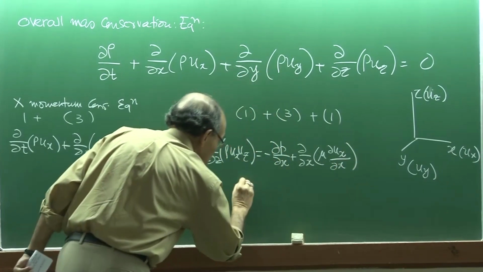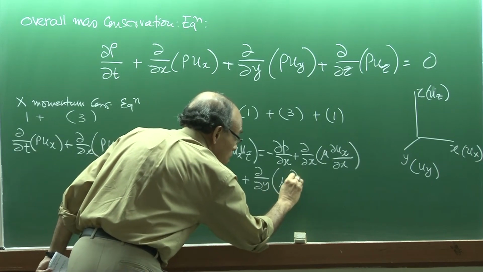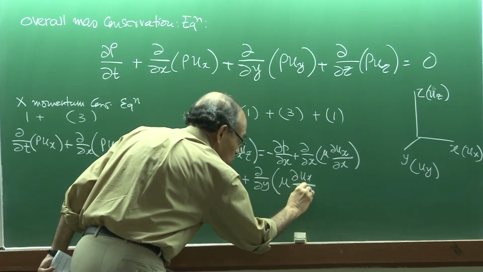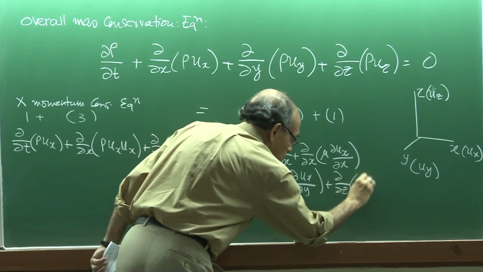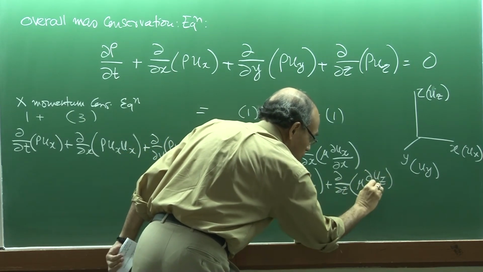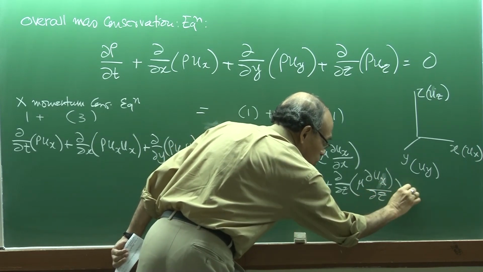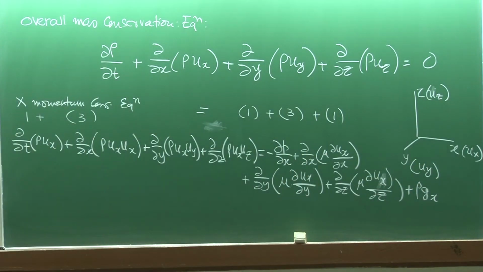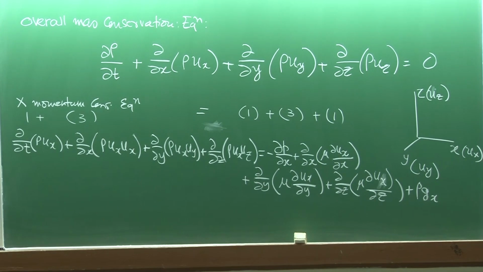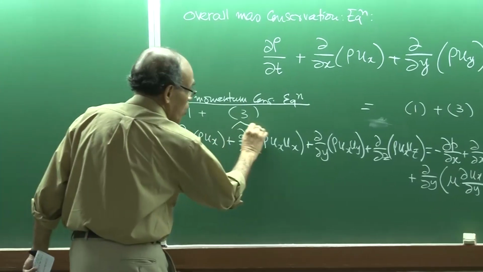The next term would be the partial of the x velocity component with respect to y, then the partial of the x component with respect to z, and then we have the body force term. And in the same way, we should be able to write down the others.